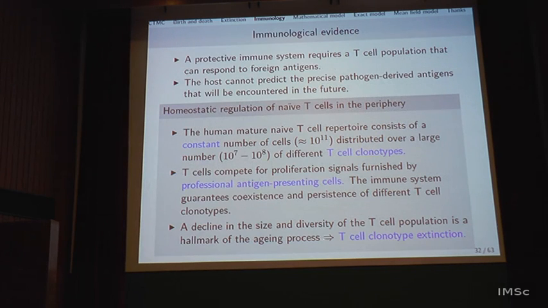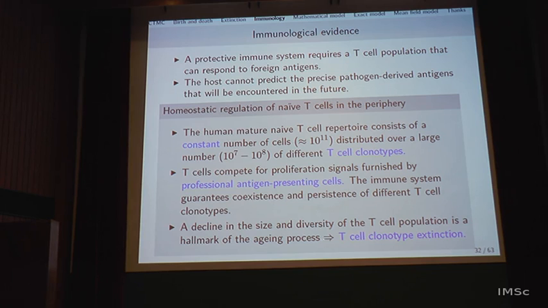So you have a large number of naive cells, of the order of 10 to the 11, distributed over a large number of different families, 10 to the 7, 10 to the 8, in mice maybe 10 to the 6, characterized by the molecular structure of the T cell receptor. These are in different types of clones, and of course that means they'll be able to survey antigens with different eyes.